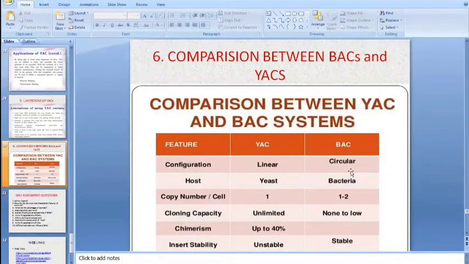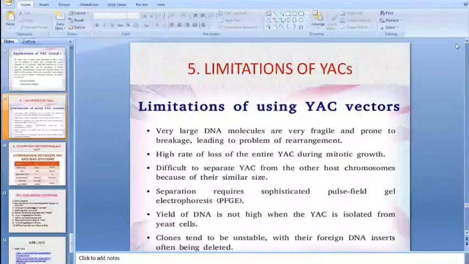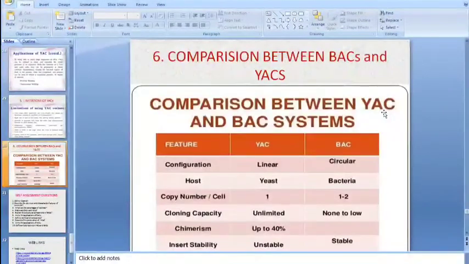The cloning capacity is unlimited in YACs, whereas it is very low in BACs. YACs also show chimerism, meaning changes will happen because they are sometimes unstable. Insert stability is stable in BACs and unstable in YACs.